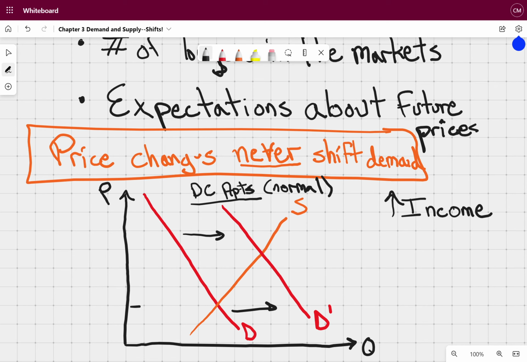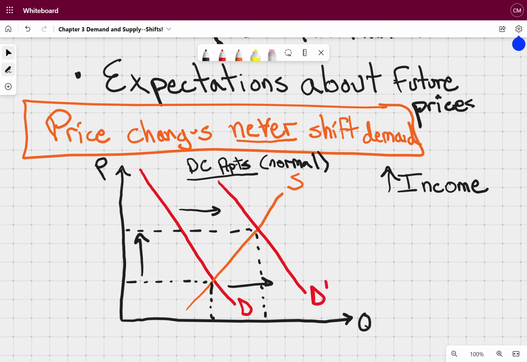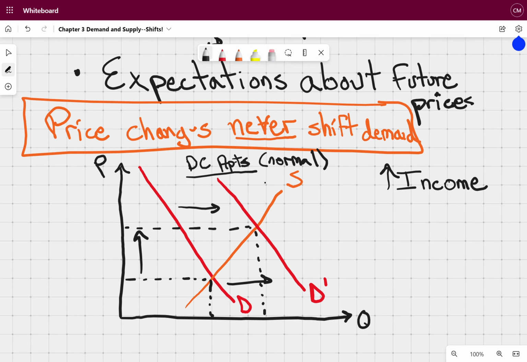Our new equilibrium price will be higher than the old one. And the quantity that is consumed in terms of DC apartments, the quantity that's available and consumed, is going to increase. So the units per month that are rented will increase, and the price, the monthly rental rate, will also go up.